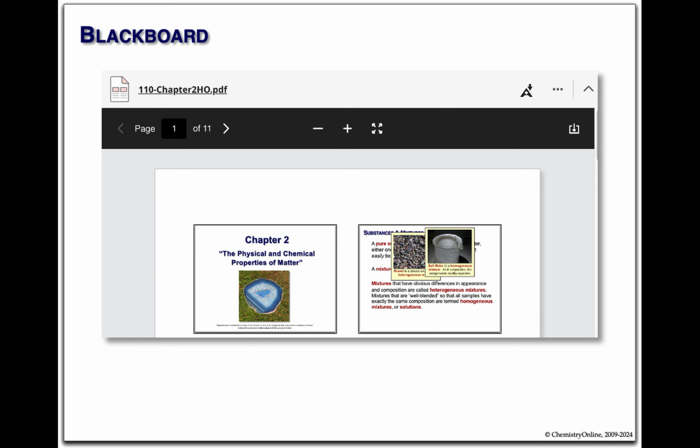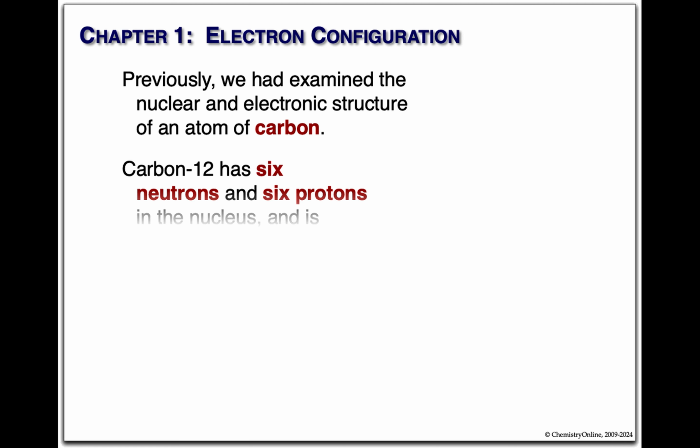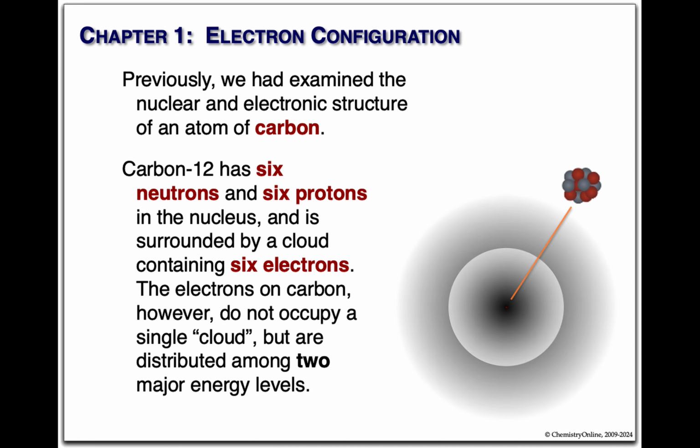All right. Way back in chapter 1, we saw this image of carbon. Nucleus in the middle, electrons around it in a cloud. At the time, I pointed out that there were 2 energy levels shown. The inner energy level is referred to as the core electrons.